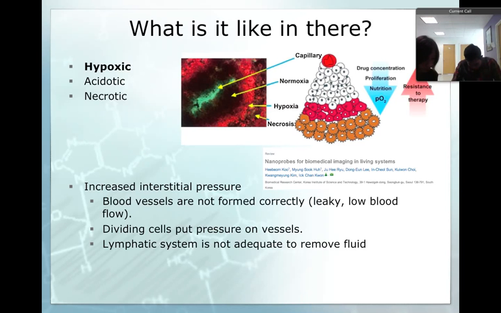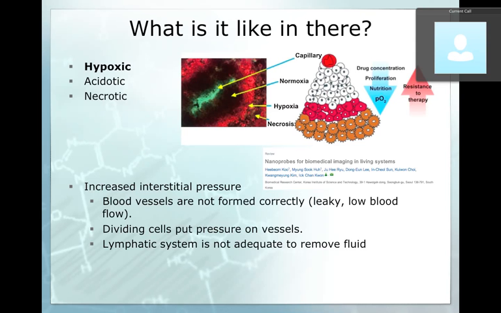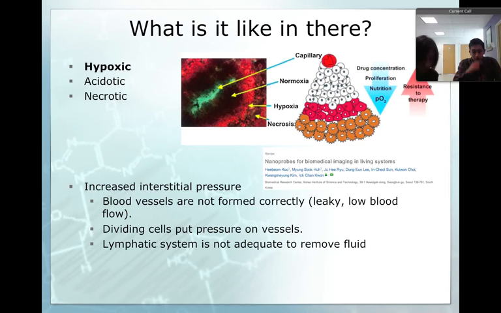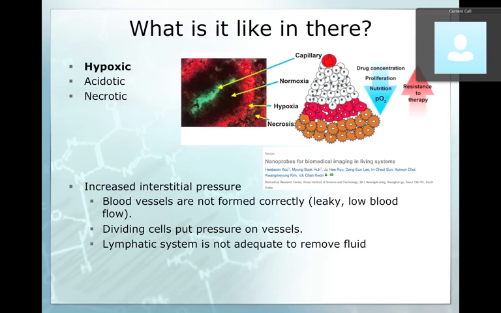Normally, the fluid leaves our blood vessels and gets absorbed back into the lymphatic vessels, and then ultimately gets dumped back into circulation in your neck, right? There's a junction between those, and the lymphatic fluid gets dumped back into the blood. But that doesn't happen in tumors because the lymphatic system is inadequate to do that.